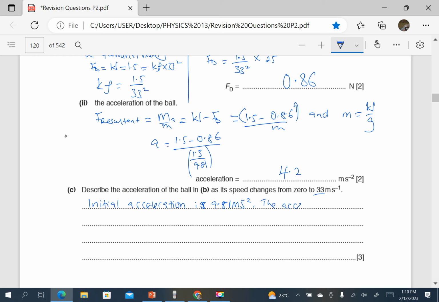The acceleration then decreases as speed increases, and of course at 33 meters per second the acceleration will be 0.